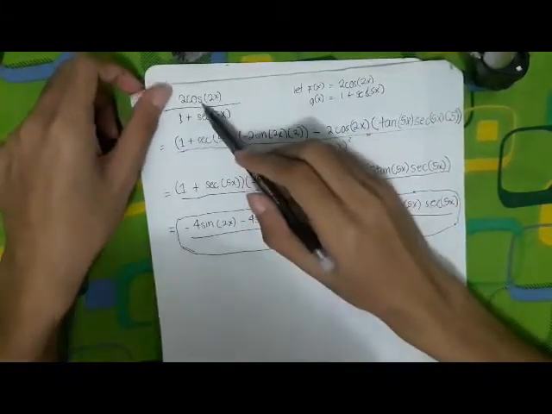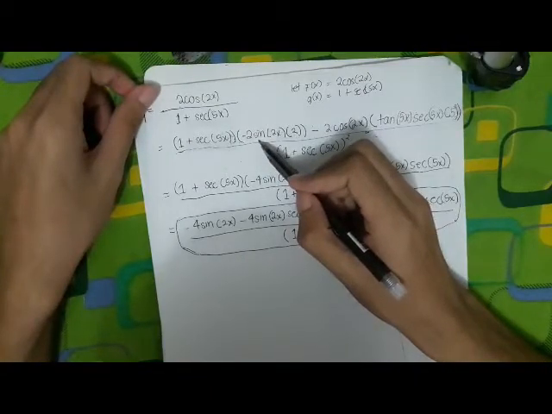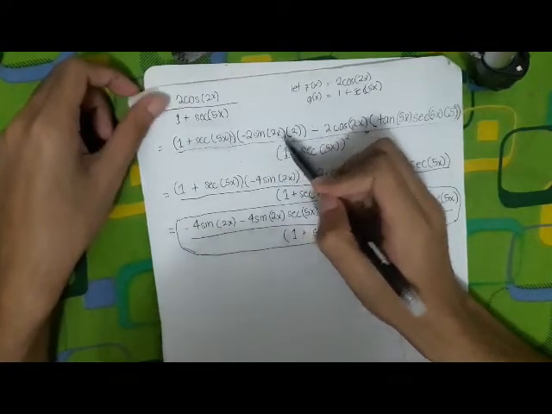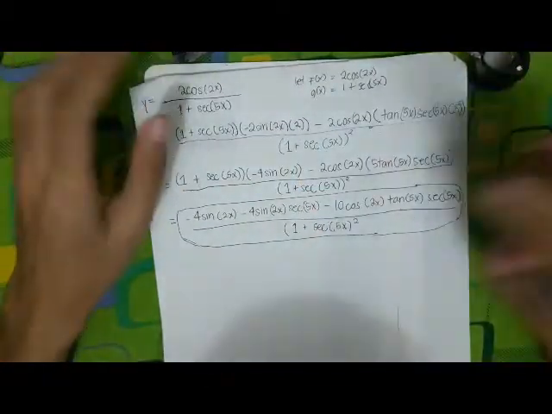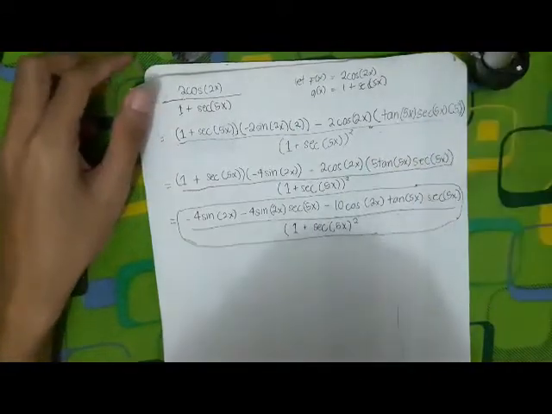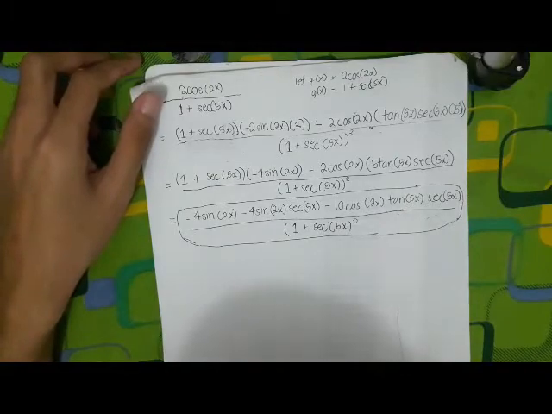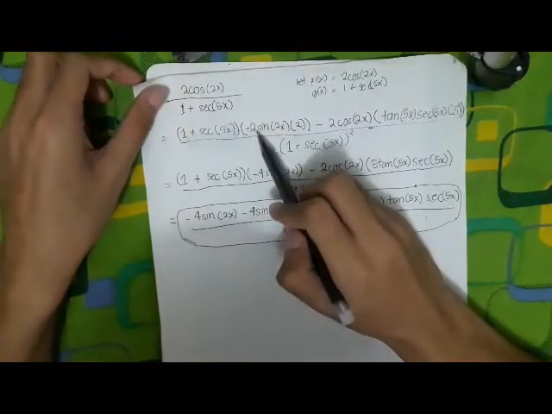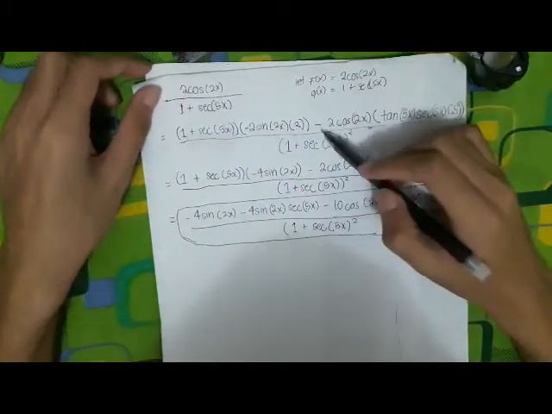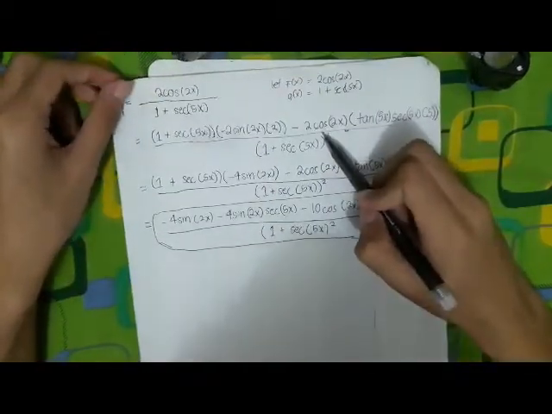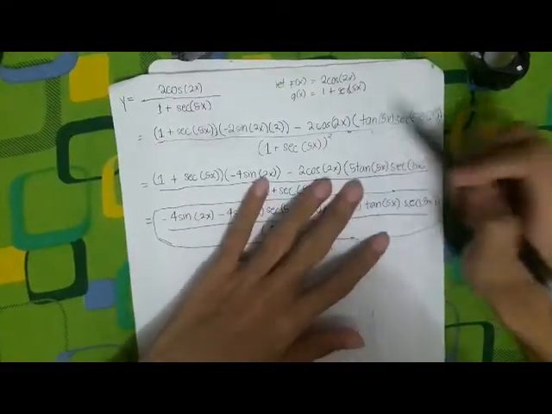The derivative of 2 cos 2x is negative 2 sine 2x times the derivative of u, which is 2, minus f of x times the derivative of g of x.